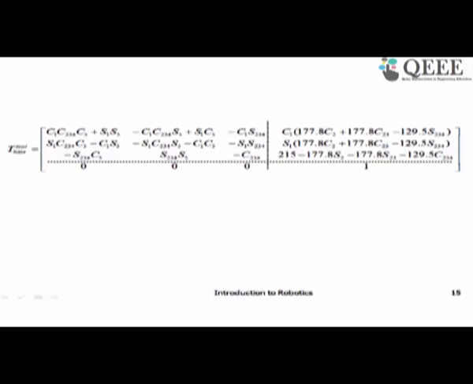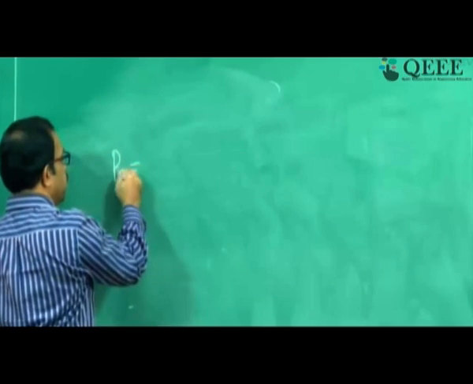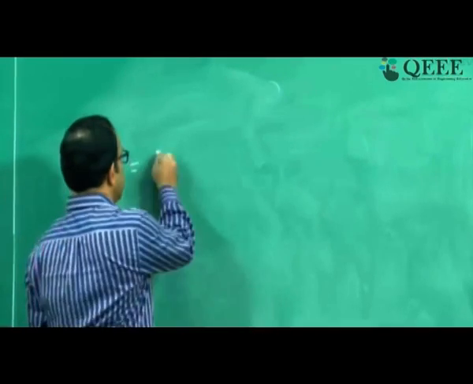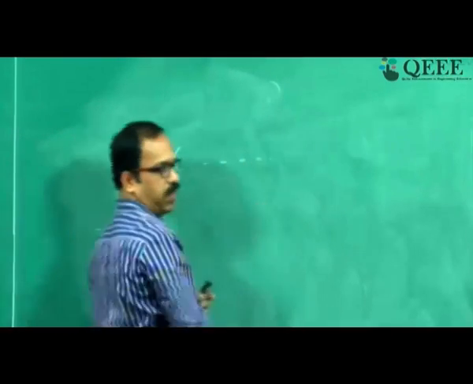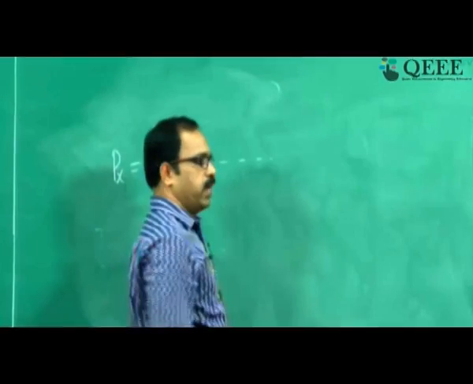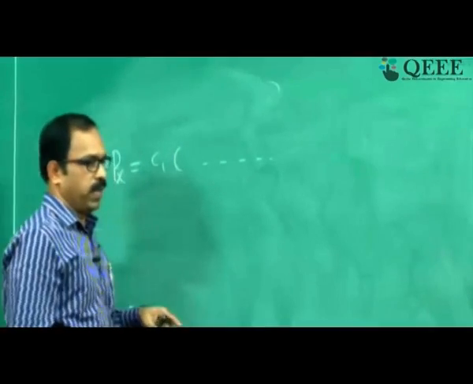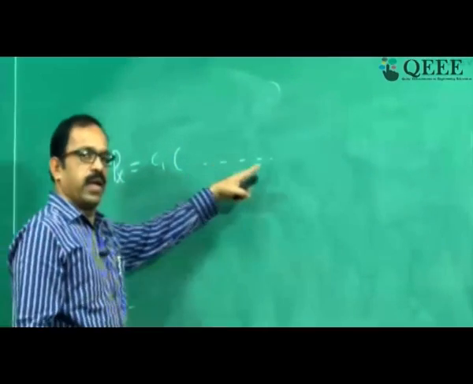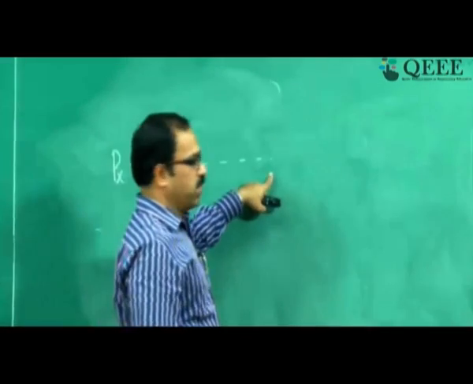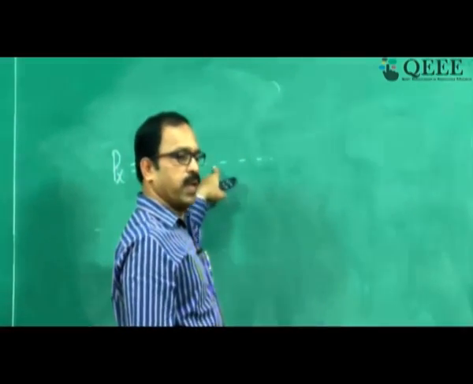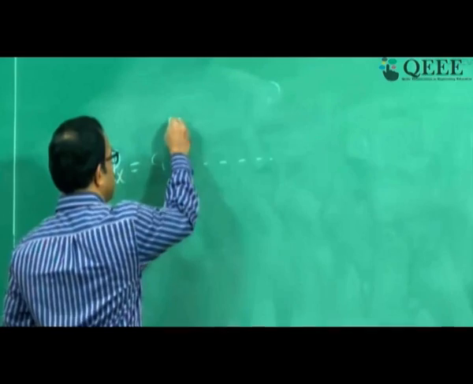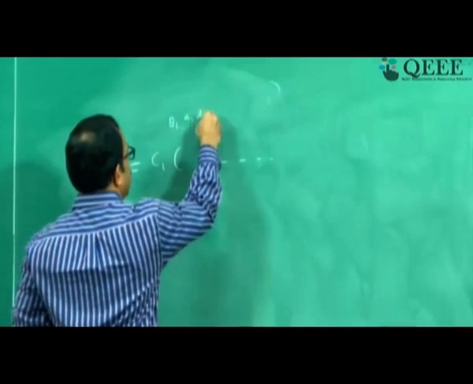You can see the position Px of the tool is given as C1 and so on. That is 177, the A1 parameter, then A2, A3 and D4. So you are getting a relationship for Px as a function of theta, A, D and alpha.